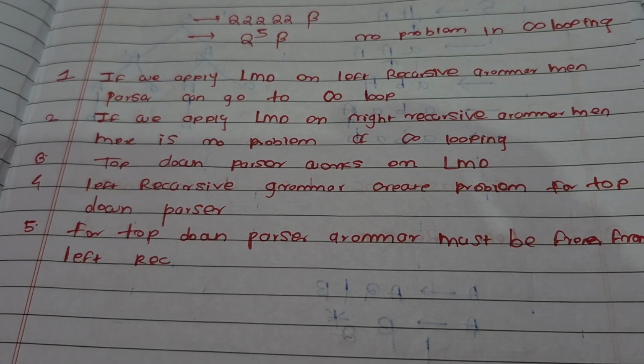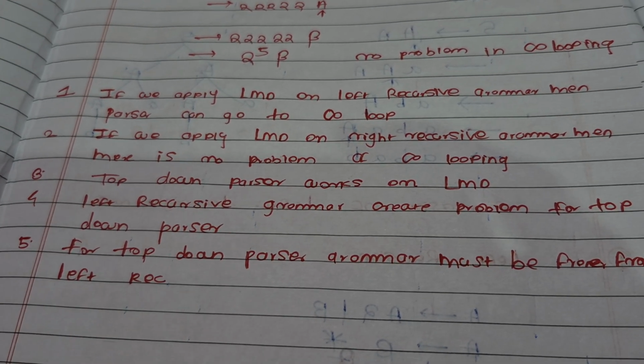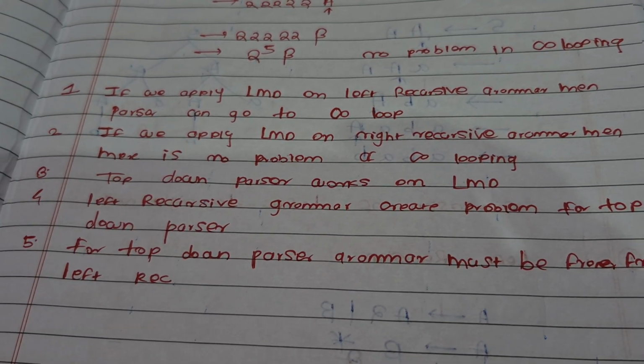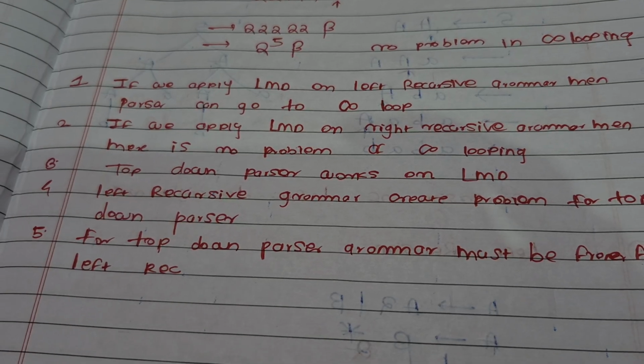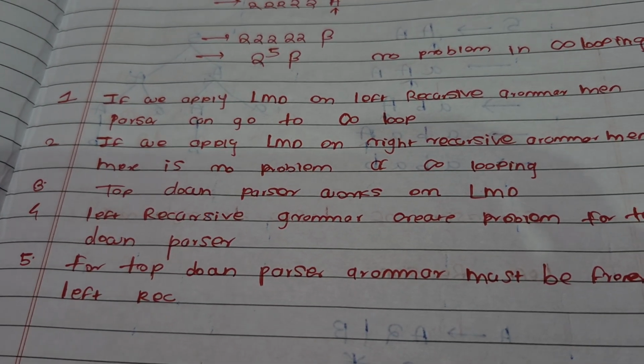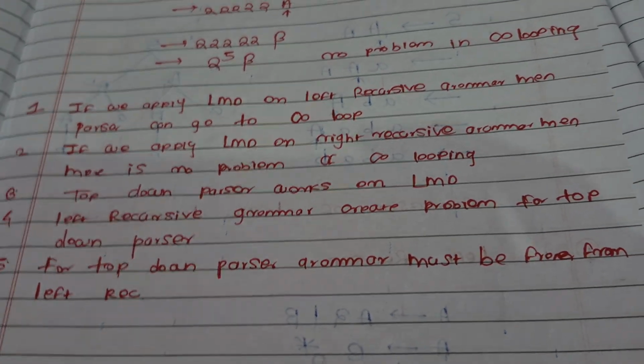If you apply LMD on a left recursive grammar, then the parser can go into an infinite loop. If you apply LMD on a right recursive grammar, no problem of going into an infinite loop. Top-down parser works on LMD, so left recursive grammar creates a problem for the top-down parser. For a top-down parser, the grammar must be free from left recursion. So these are a few points.